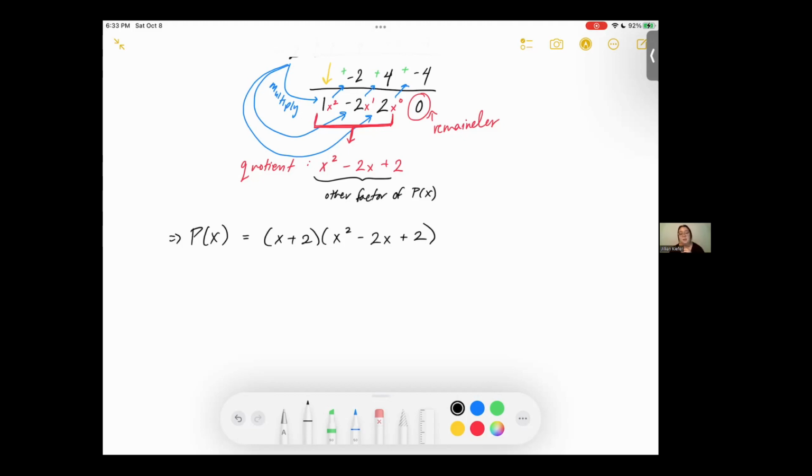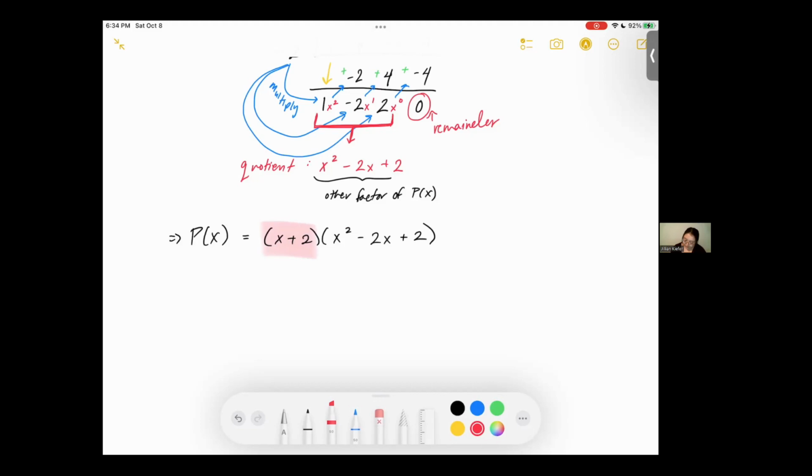We've got p of x is equal to x plus 2 times x squared minus 2x plus 2, but this is not the complete factorization. In complete factorization, every single factor has to look like this first one. They all have to look like x plus or minus a number, and that is not what x squared minus 2x plus 2 looks like.